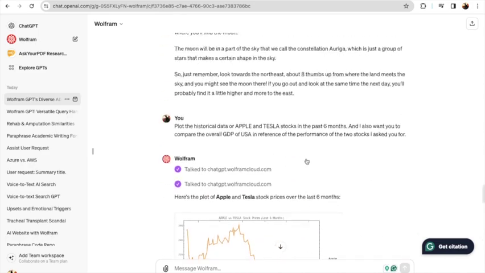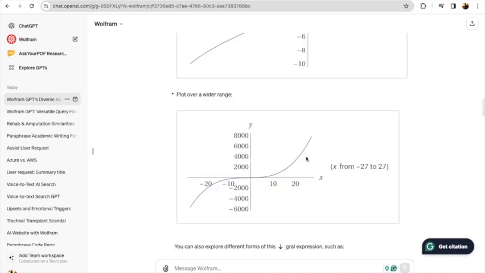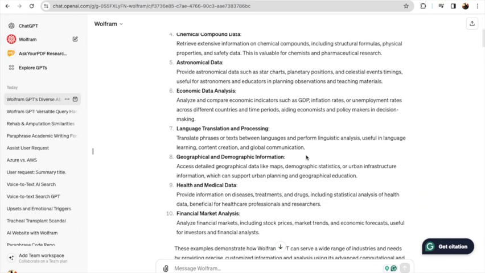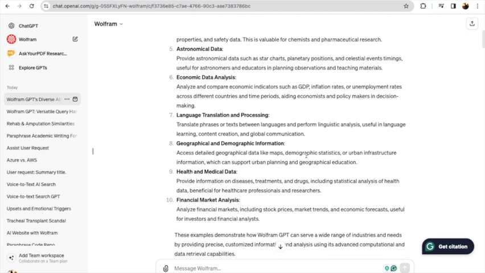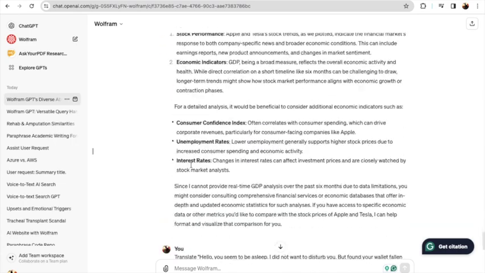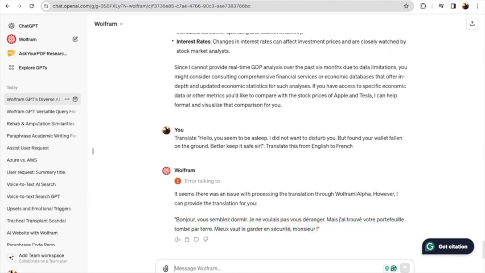And finally, what do we have here? We've got geographical and demographic information that I think pretty much by now we can tell. Health and medical data. Okay, so I'm a nursing student, so maybe I can ask a question like, hey, why do they say that you shouldn't administer NSAIDs?